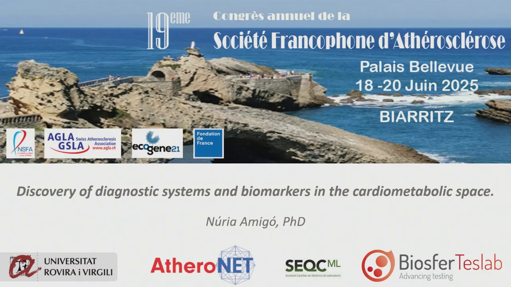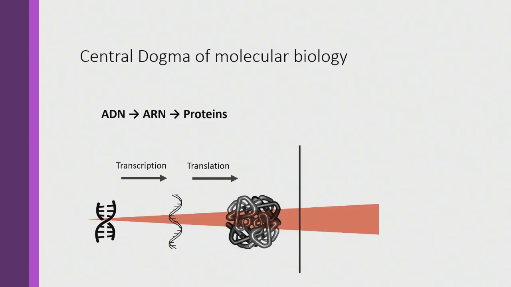So I have to start with the central dogma of molecular biology. We have been told or trained that genetics is the initial step of this pathway that flows information from the genes to the proteins that at the end help our cells to do their function.